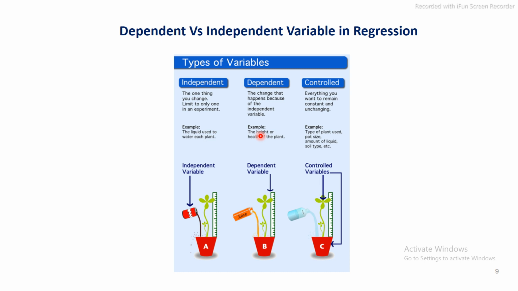And there is something called a controlled variable. For example, if you are controlling the experiment, the type of plant you are using, the pot size, the amount of liquid you are using, maybe some kind of pesticides or herbicides.